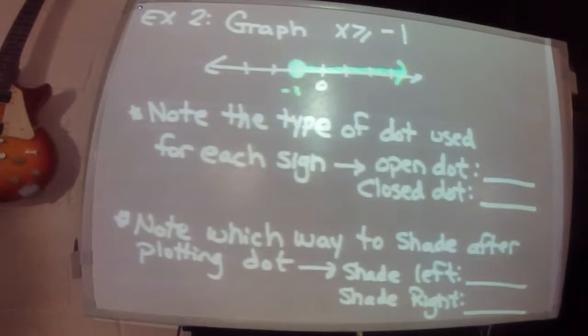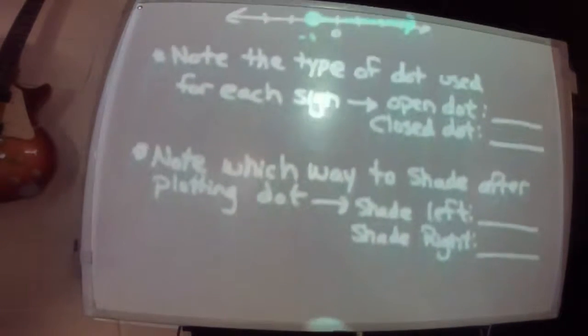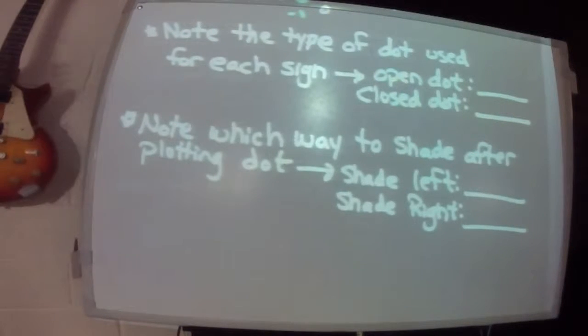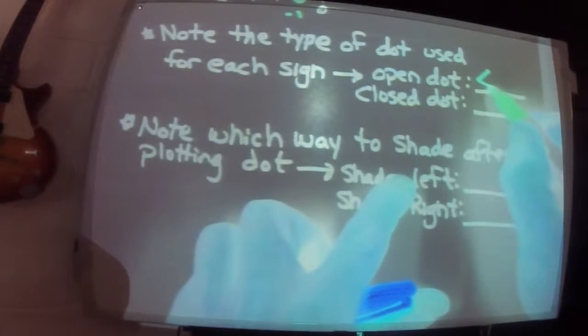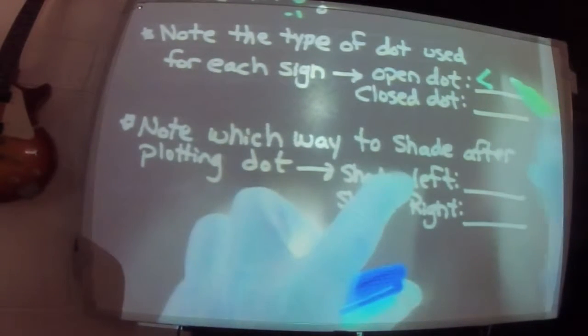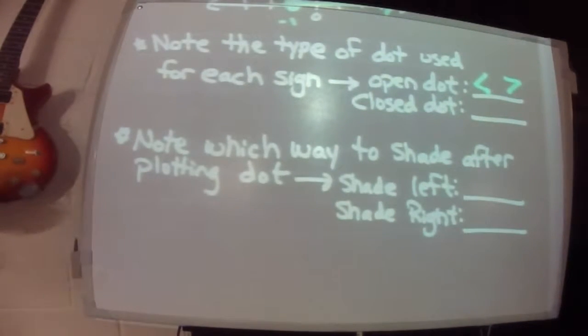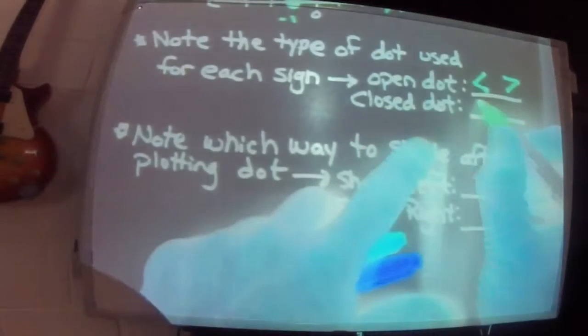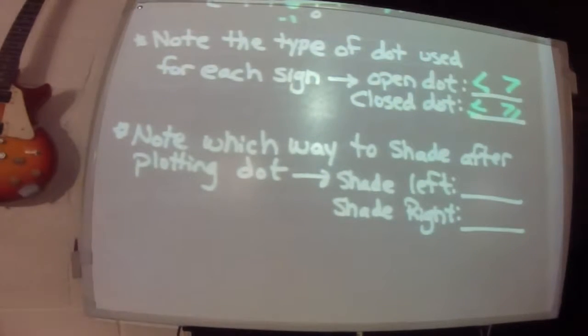Now, just so that you remember, because sometimes you might forget which ones are which, note the type of dot used for each sign. When do we use open dots? Less than or greater than, without the equal to with them. Then when do we use closed dots? Less than or equal to, greater than or equal to. Also note which way we shade, or which way we point our arrow.